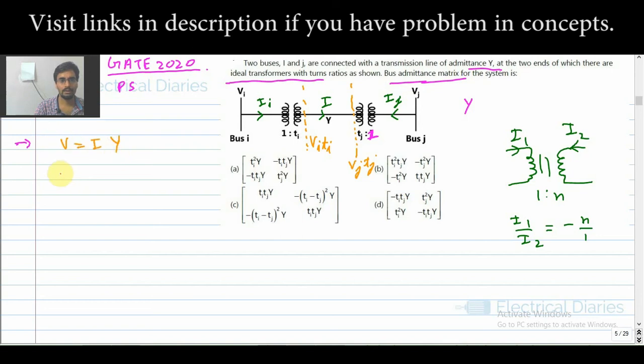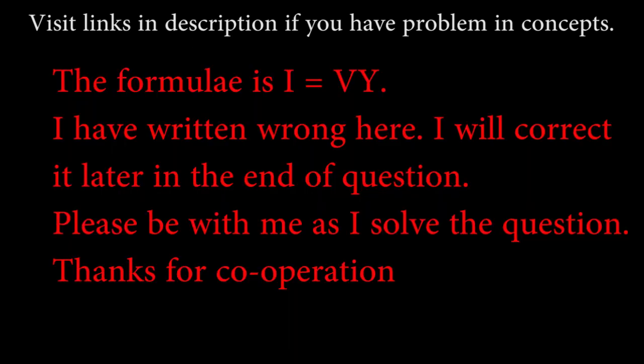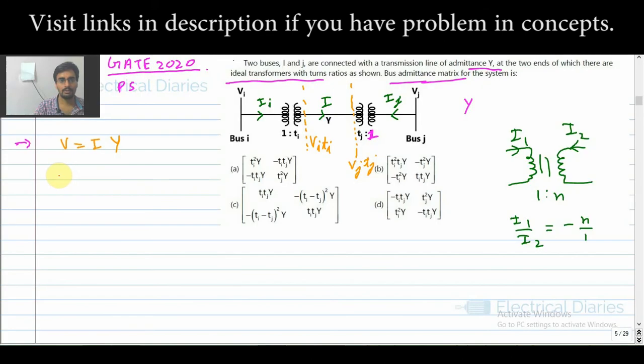We all know this. So you can write it as ViTi minus VjTj is equal to I into Y. Okay, so from here your I comes out to be ViTi minus VjTj divided by Y.